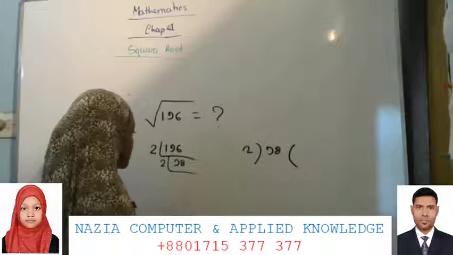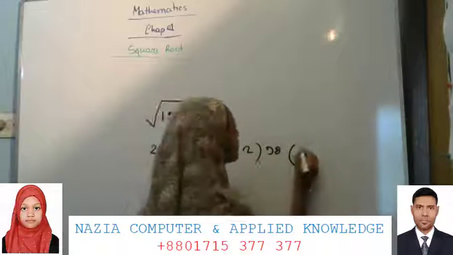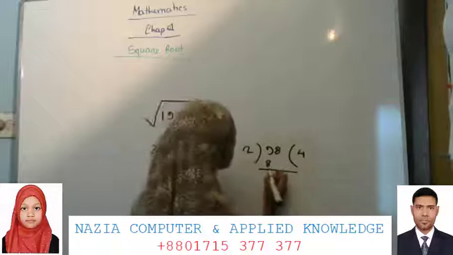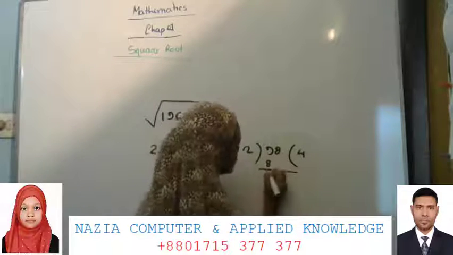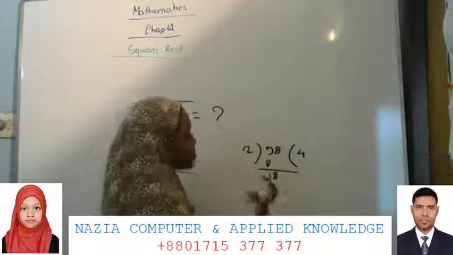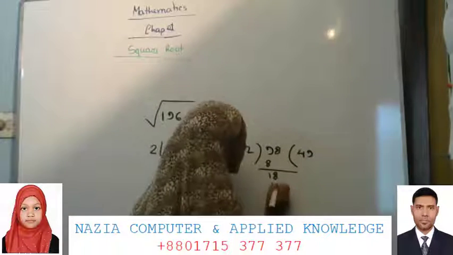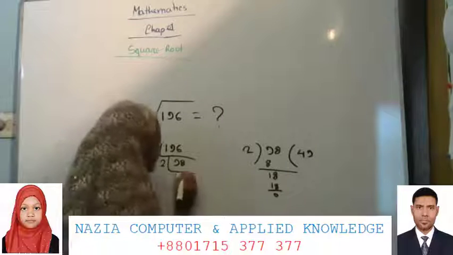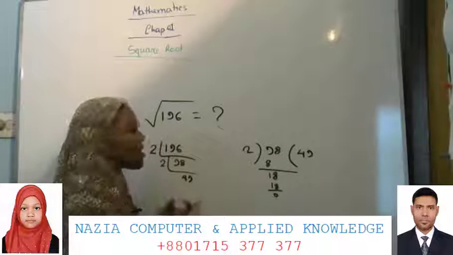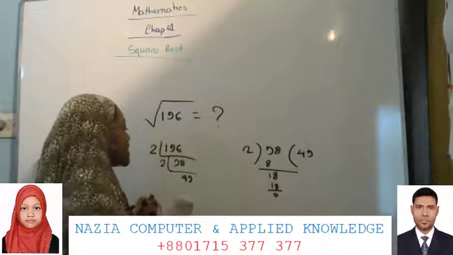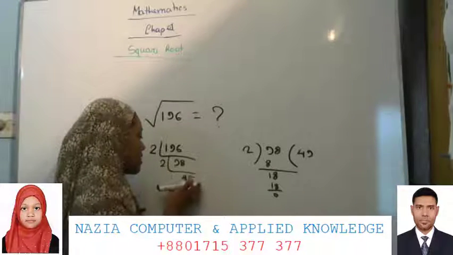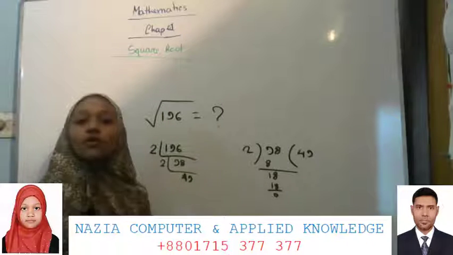What is the answer? 4. 4 2s are 8. The remainder, or the difference, is 1. Then here comes 8. Now 2 8s, that means 9 2s are 18. What is the result? 49. As the last number is odd, we can't divide it by 2. So we can easily look at it, it is 49.